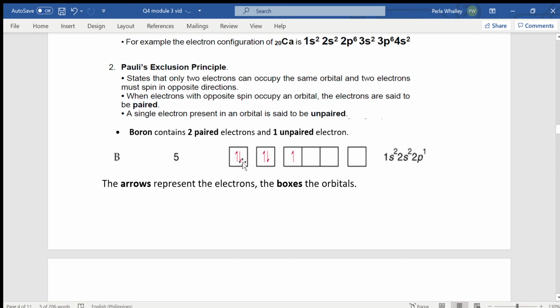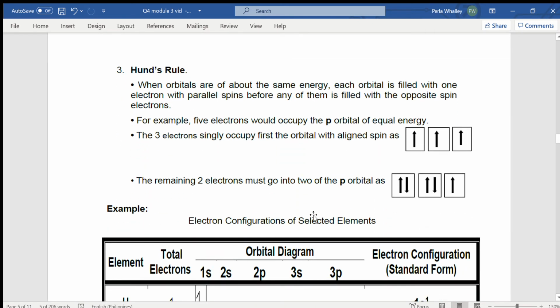For 2s2, arrow up and arrow down. And for 2p1, arrow up. Remember that s has only one orbital and p has three orbitals. Okay, let's do more examples here.